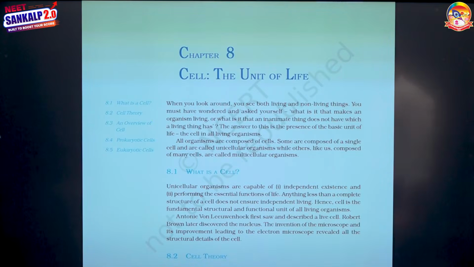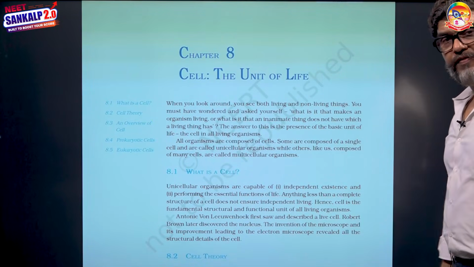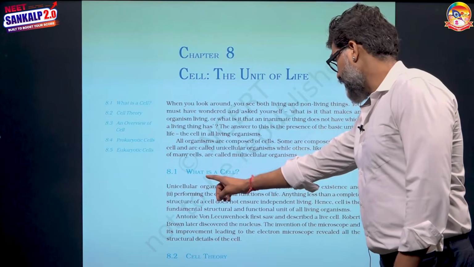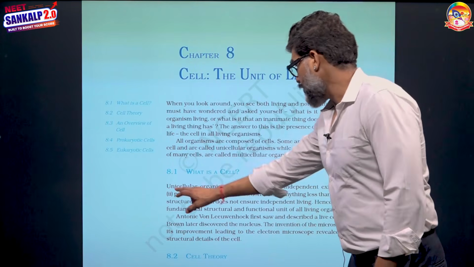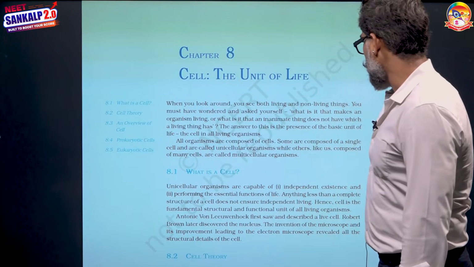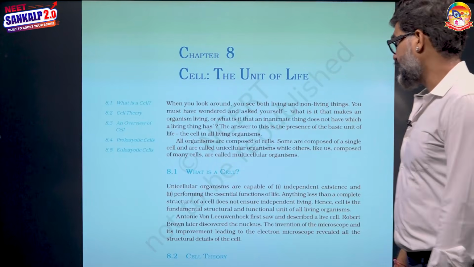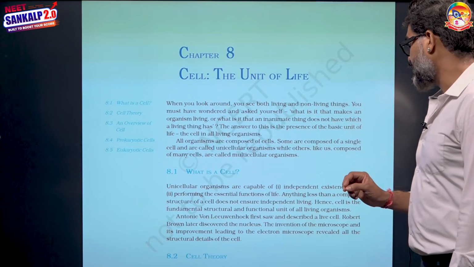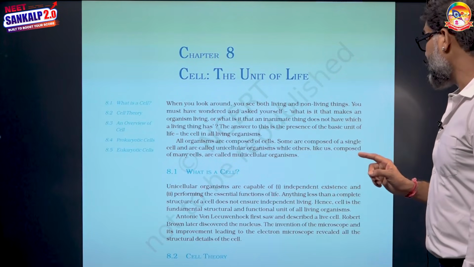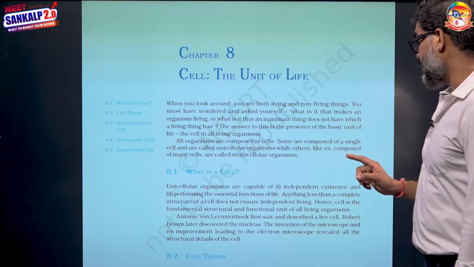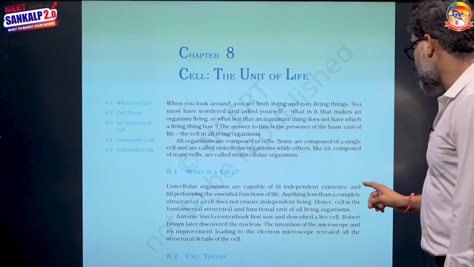The cellular organization, the cell as the unit of life: this paragraph is very important. Unicellular organisms are capable of independent existence and performing the essential functions of life. Anything less than a complete structure of the cell does not ensure independent living.